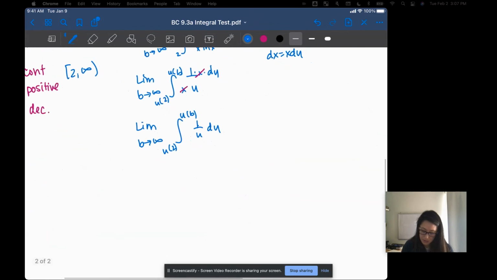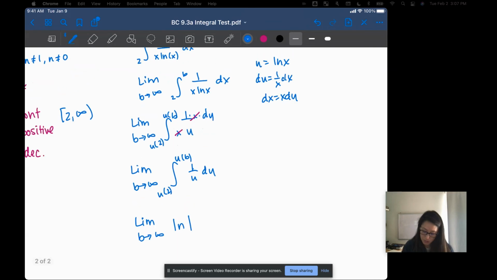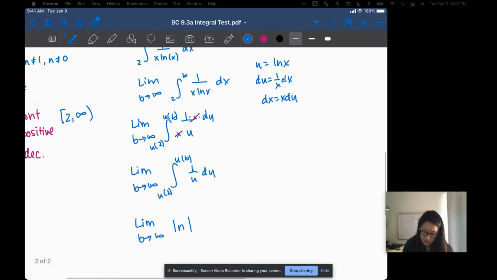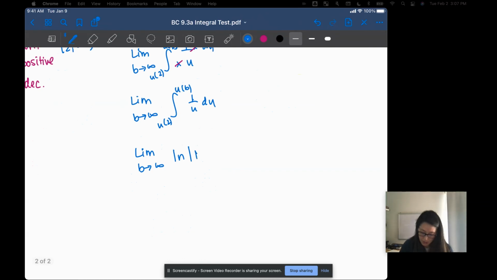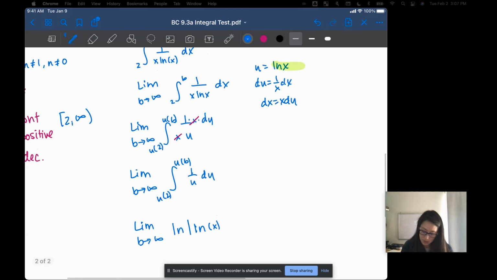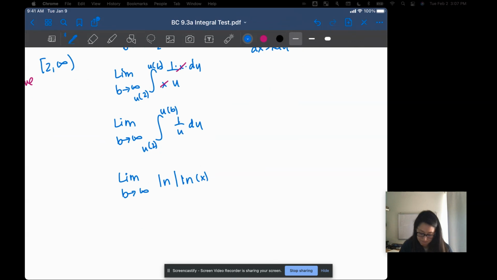I recognize that integral as the ln of the absolute value of u, which I will replace with the ln of x because that's what u was. I don't need the absolute value because the ln of x was just a normal ln of x. That's what u was.